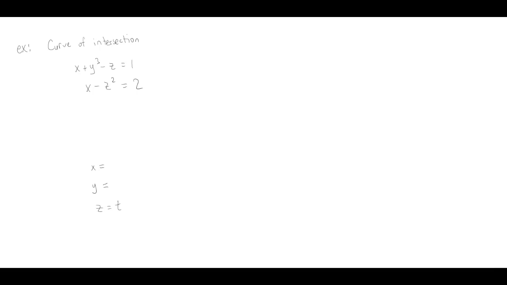This one's not too bad. From the second equation, x is 2 plus z squared. And if z is t, then x is 2 plus t squared. All right? Then similarly for y, in the first equation, if I solve for y, y cubed is 1 plus z minus x.